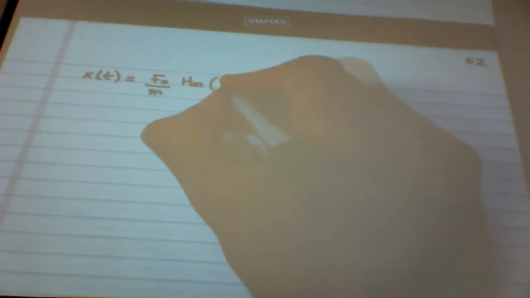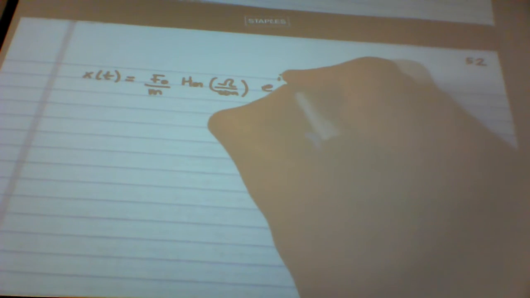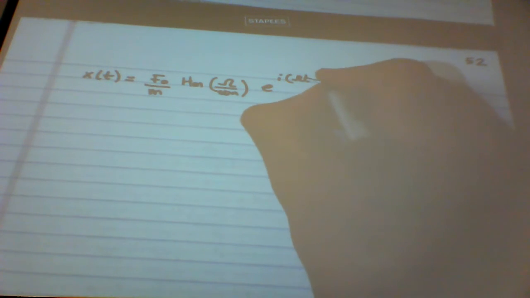So what do we have? We have x of t equal to F over m, and I think here I changed the notation, omega squared, capital omega over omega n, e to the i omega t minus phi.